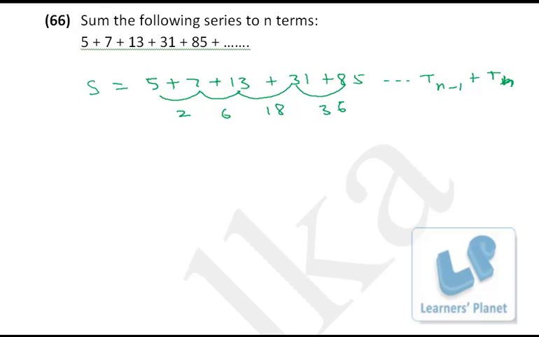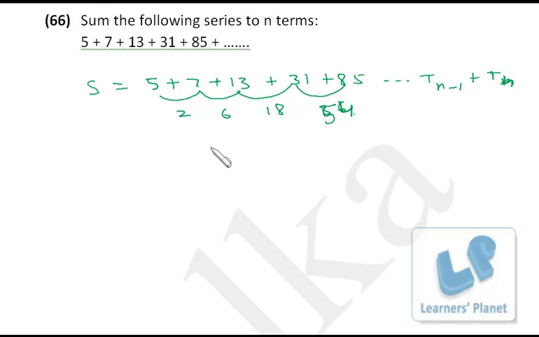I'm sorry, it is 54. Now you can see the differences are in geometric progression. 2 3s are 6, 6 3s are 18 and 18 3s are 54, something like that, right?